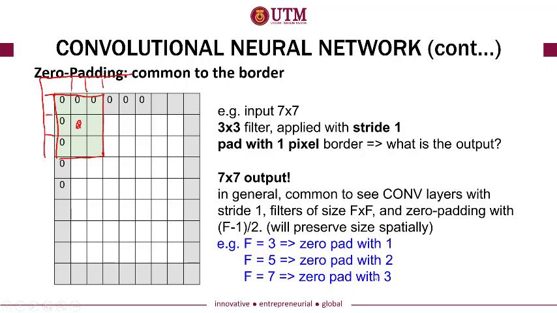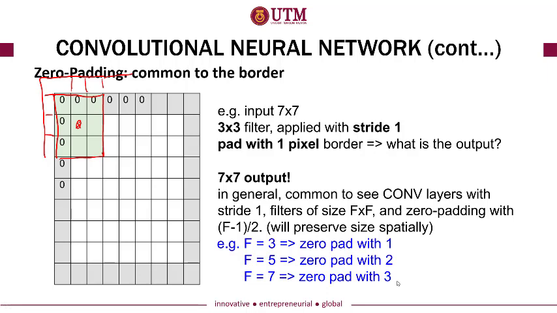Actually, it's automatic. Later you will see in programming that if you set the filter size 3, the padding must be 1. If you set 5, it must be 2. If you set the filter size 7, then the padding must be 3. It's already fixed inside the algorithm.